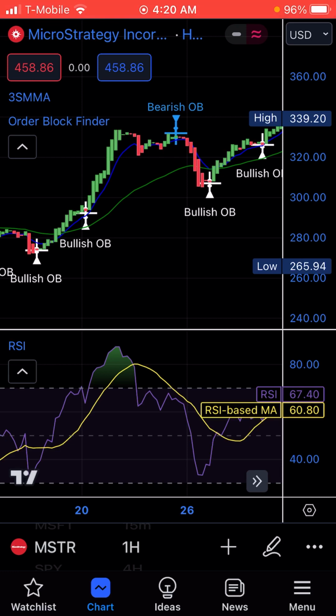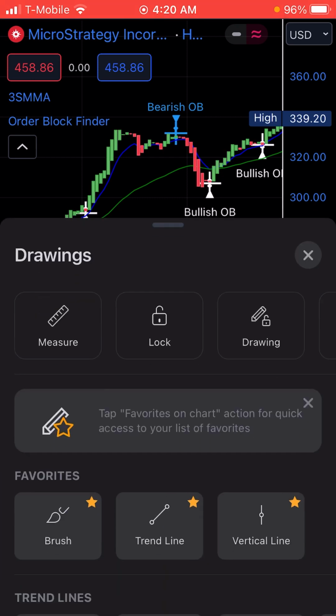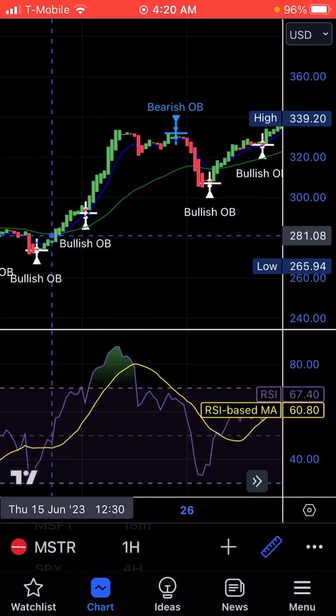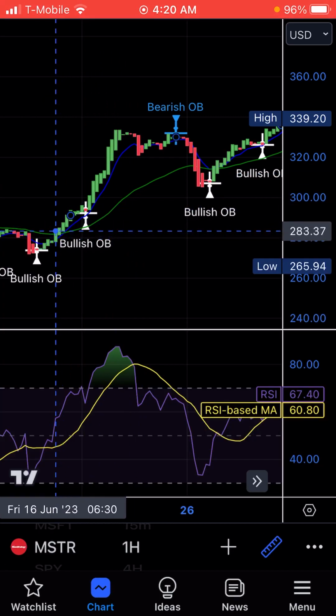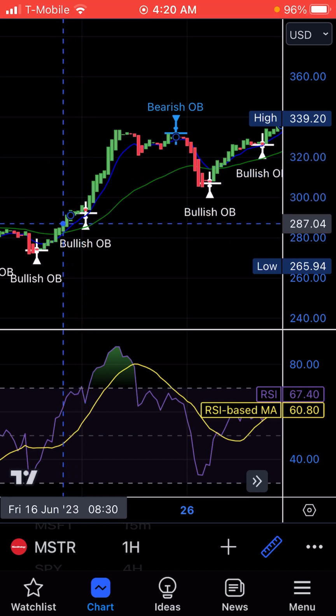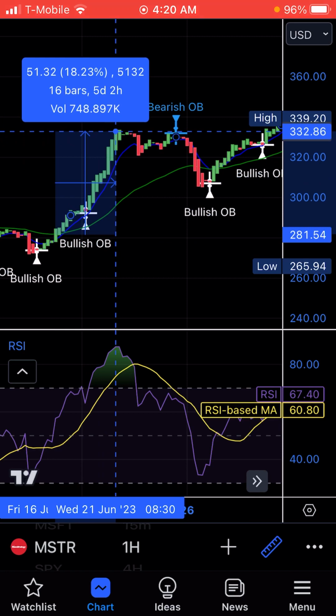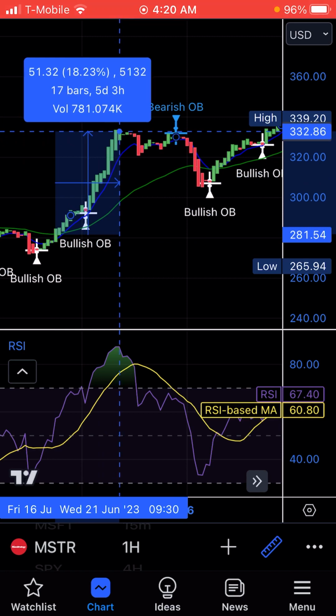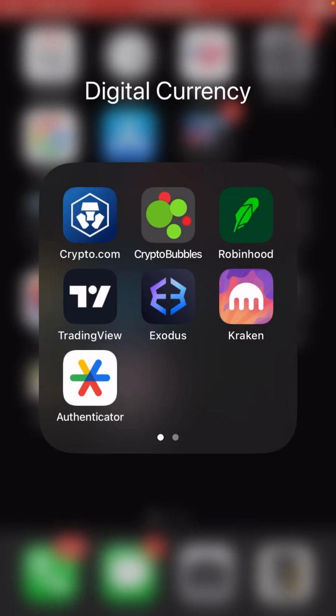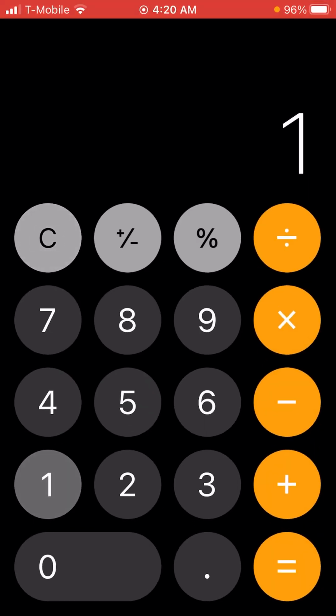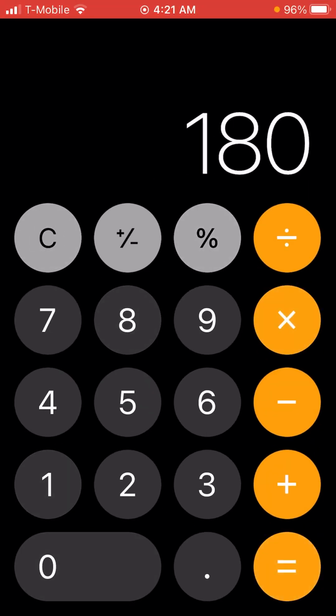You can make about 500 a week, because keep in mind, if I took this trade right here and I rode it out here, and I got an 18%, let's say I had $1,000 and I made an 18%, I would have made $180.